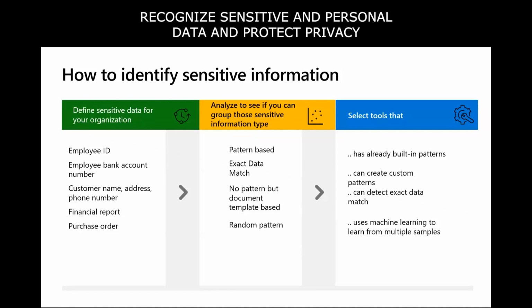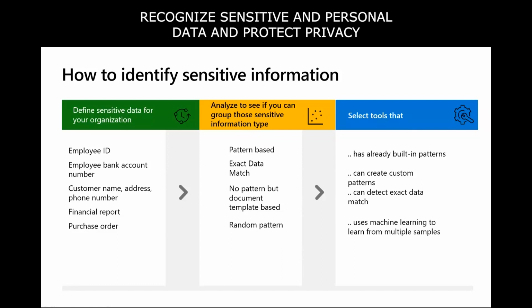Once you have identified those, the tool that you need to select could have some of the capabilities listed on this slide, right? It has built-in patterns so that it's easy for you to start from day one. You use that tool to scan your organization, and it finds all those pattern-based information because it's built in, right?